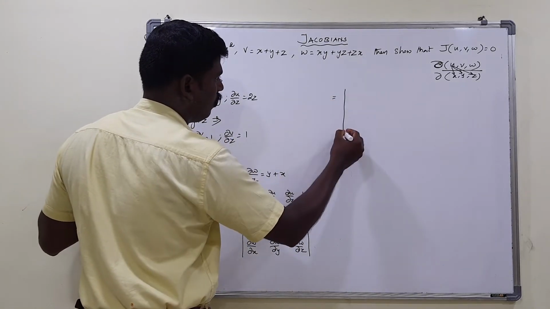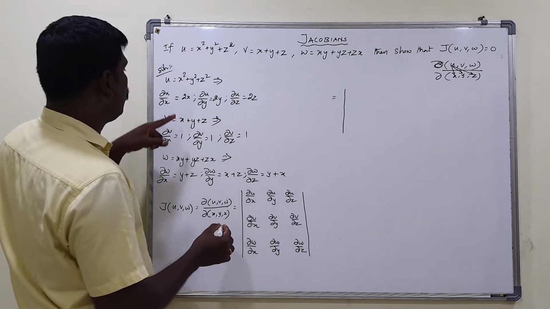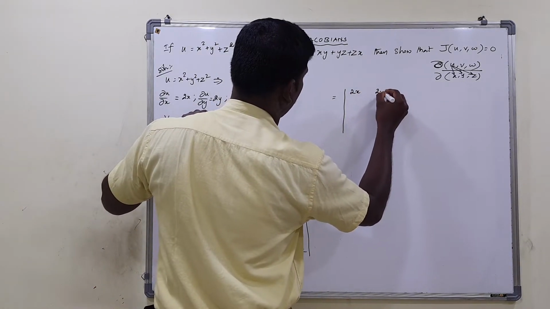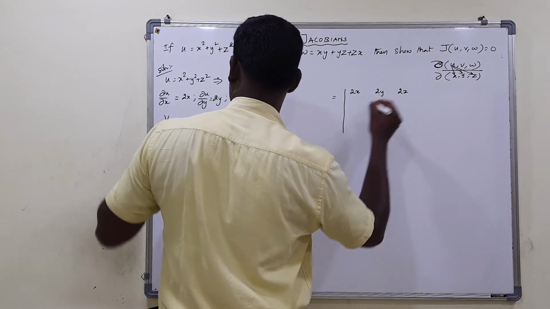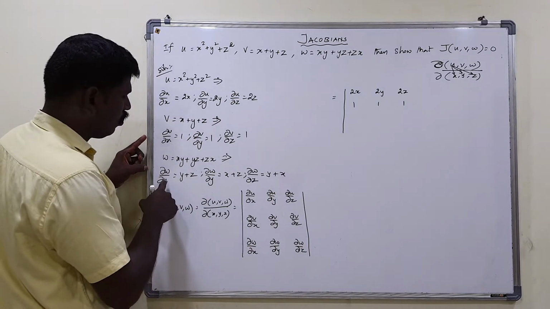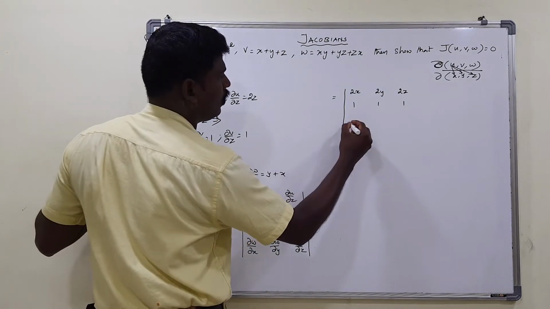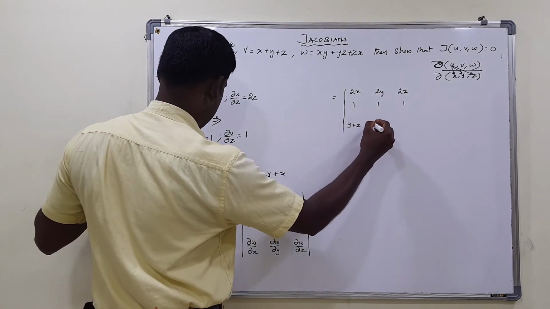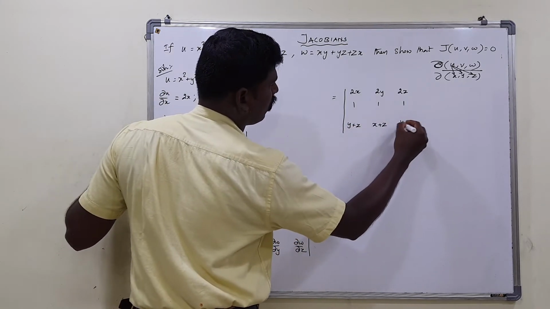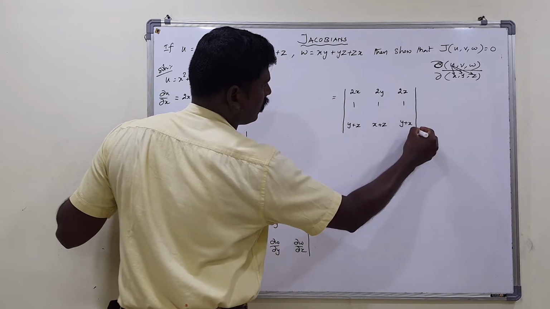What is the value? Dou u by dou x, 2x, dou u by dou y, 2y, and then 2z. Here 1, 1, 1. And then dou w by dou x is y plus z, then x plus z, and then y plus x.